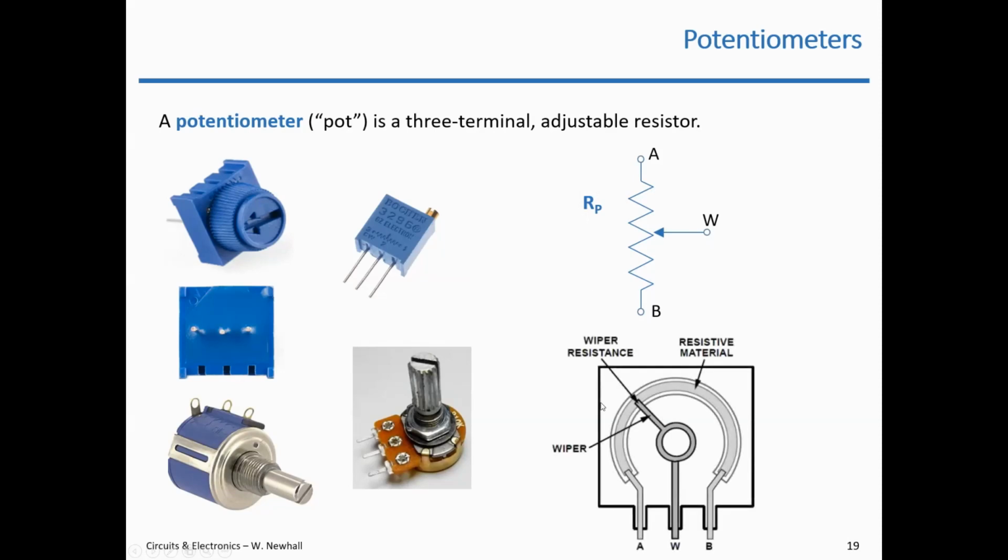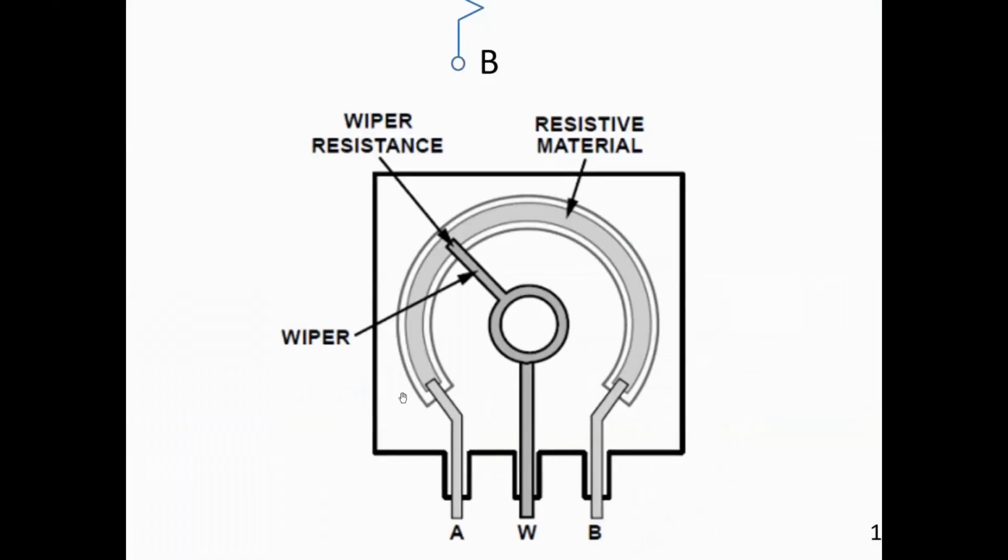So as a cartoon, but realistically, you could make one like this. In fact, this volume control knob looking device is probably built like this. Here are the 3 terminals on the bottom. So between A and B, consider these wires connected here. In fact, let me blow this up a little bit. So A and B are terminals where you could connect wires, and this is a wire going up to some resistive material.